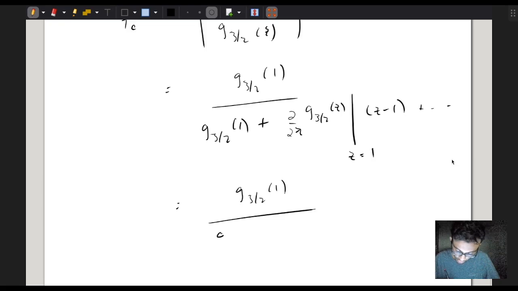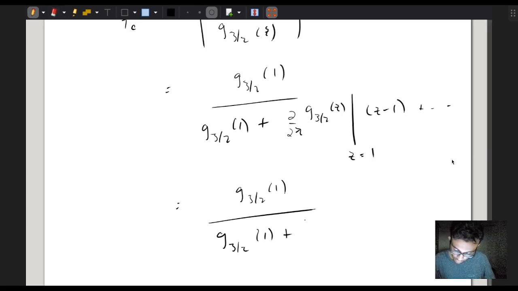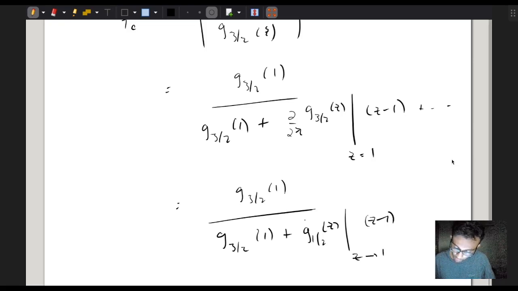So let's just substitute z equal to 1 there. Yeah, so the limit of g1 by 2 of z as z tends to 1 times z minus 1.